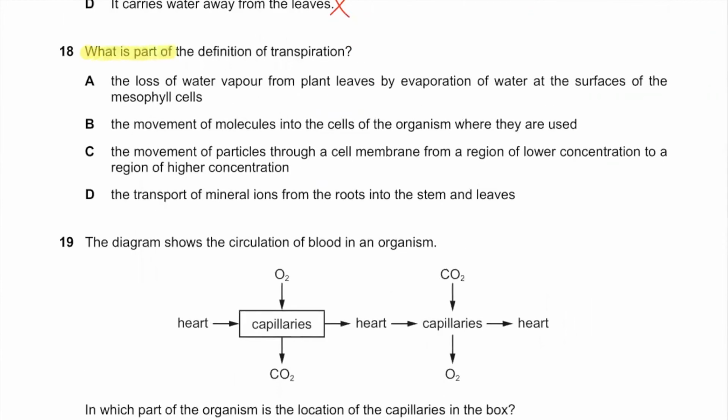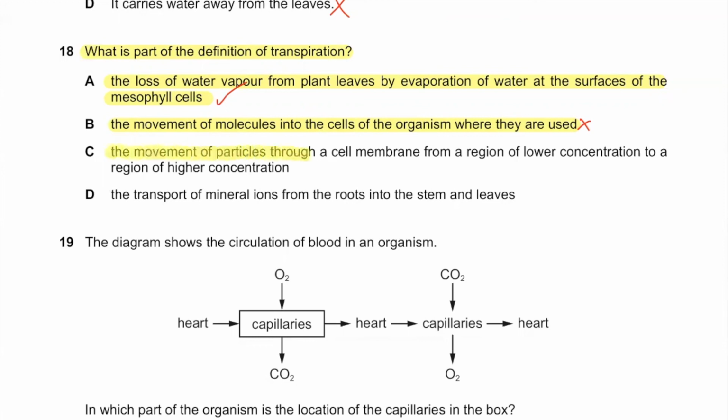Question number 18. What is part of the definition of transpiration? Transpiration is basically the loss of water vapor from the aerial parts of the plant. So the loss of water vapor from plant leaves by evaporation of water at the surface of the mesophyll cells. So 18A is a correct statement. Let's see why the other statements are wrong. The movement of molecules in the cells of the organism where they're used. No, transpiration is exactly the definition that is given at 18A. Movement of molecules into the cells will be some sort of transport, like active transport or passive transport, like facilitated diffusion, or osmosis.